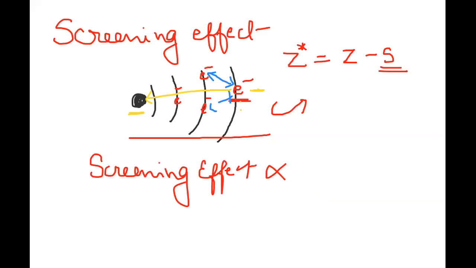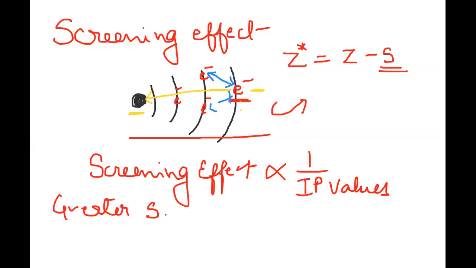So the greater the screening effect, the lower the ionization potential value. I can write it like this also: the greater the screening effect, the lower the ionization potential values, which is markedly seen when you're going down the group, that is, in the vertical trend. So with the screening or shielding effect, the IP values will be lower.